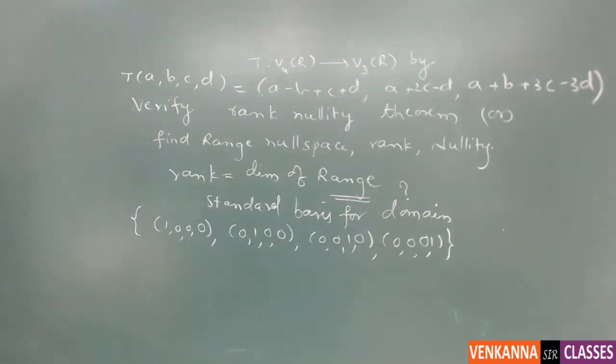Since the domain is a 4D space, the standard basis contains 4 vectors, which are those. Now please understand that if you apply the transformation to a basis, the result generally is a spanning set.